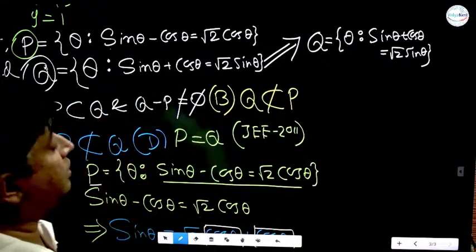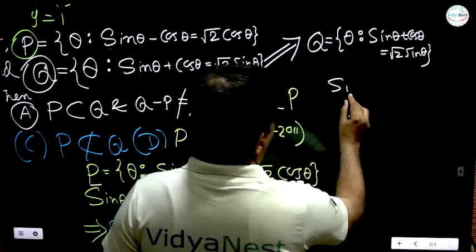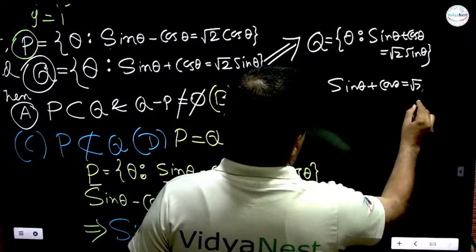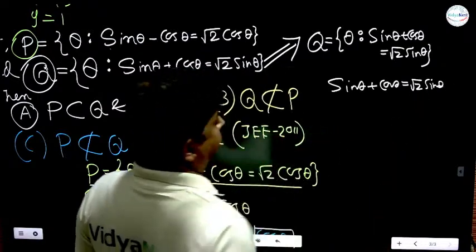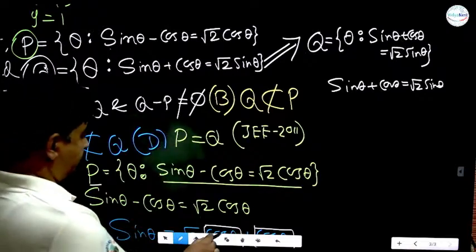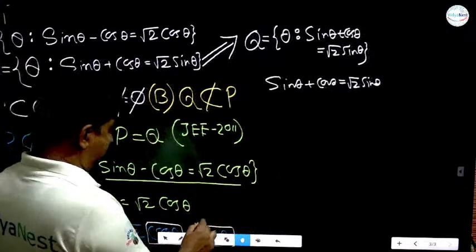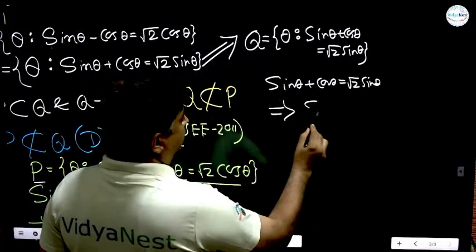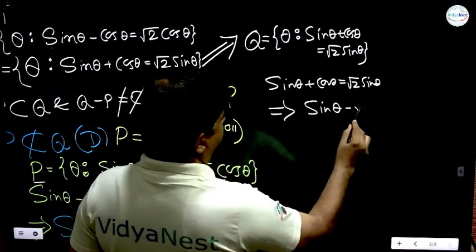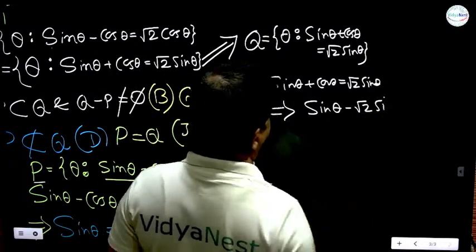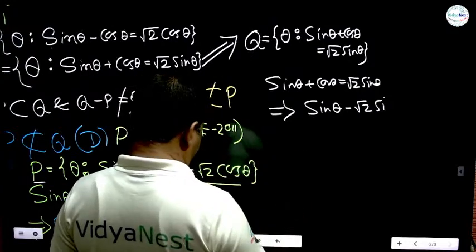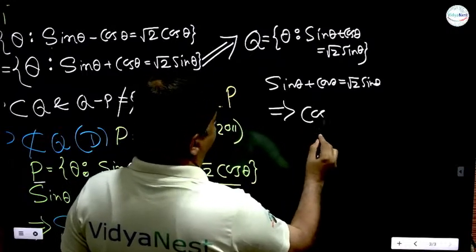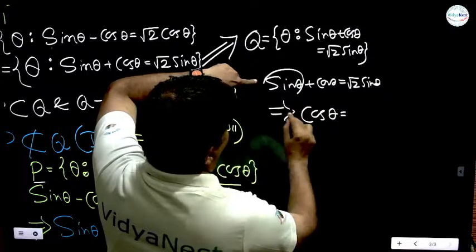Now you see sin theta plus cos theta is equal to root 2 sin theta. Now bring that root 2 sin theta, or you keep cos theta on the left hand side and shift this sin theta to the right.